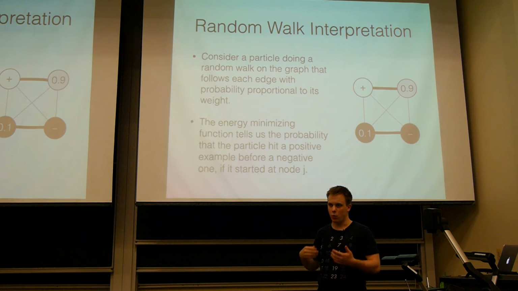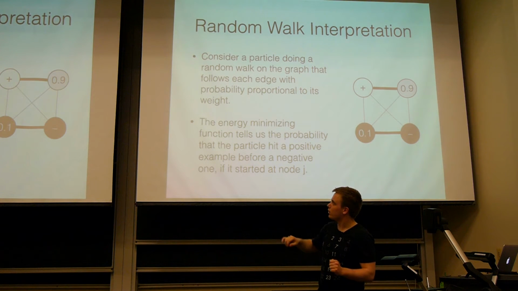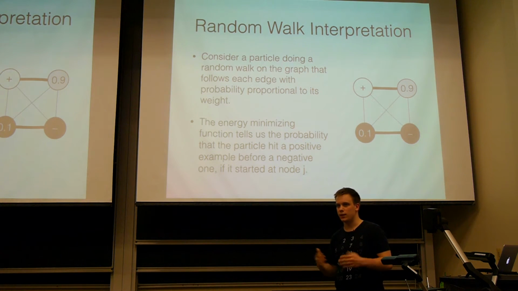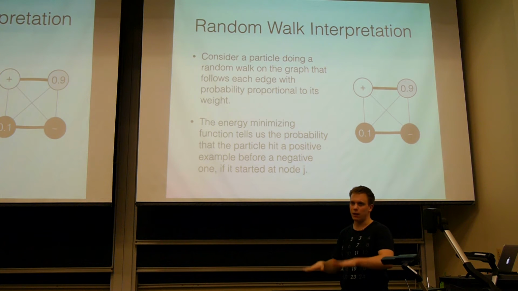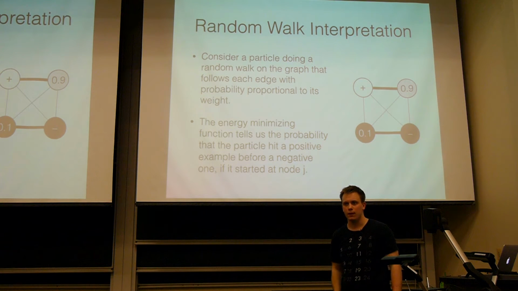That gives you one sample from a binomial distribution whose parameter is the probability of hitting a positive example. You could do that many times and use the maximum likelihood estimate, just average them. If you did 1 million of those random walks and counted what portion of the walks hit a positive sign instead of a negative one, that would be an unbiased estimate of this label.